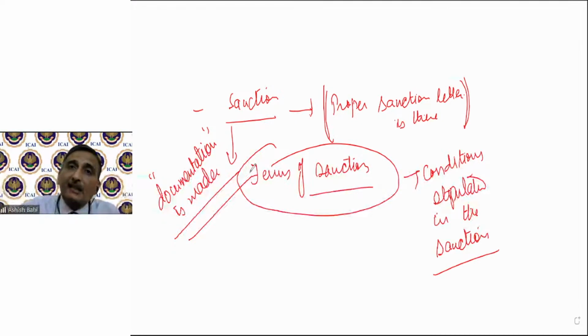Documentation precedes disbursement. First, documents have to be executed. The properties which were required to be mortgaged are mortgaged by depositing their title deeds. Proper agreements are signed between the bank and the borrower. It is only then the facilities are released. Okay. Clear to you guys?